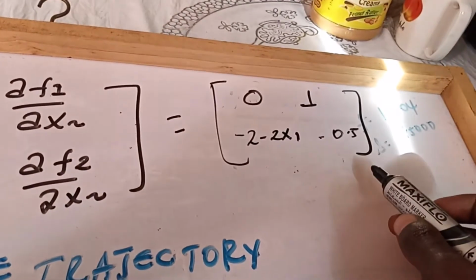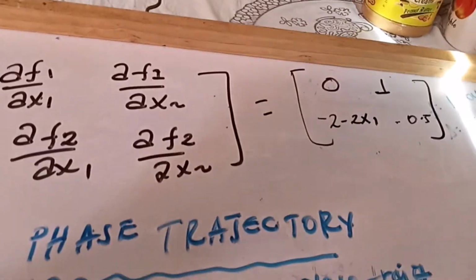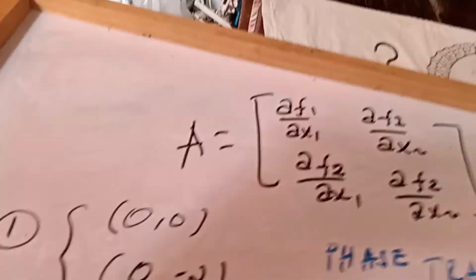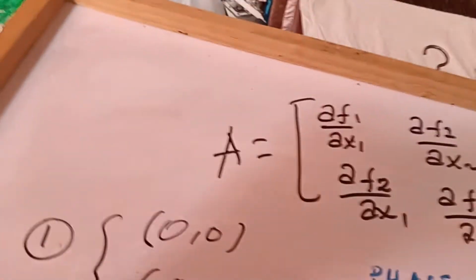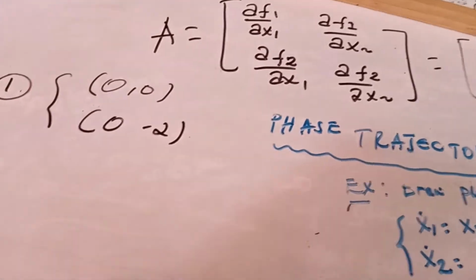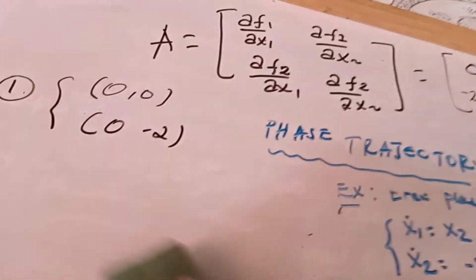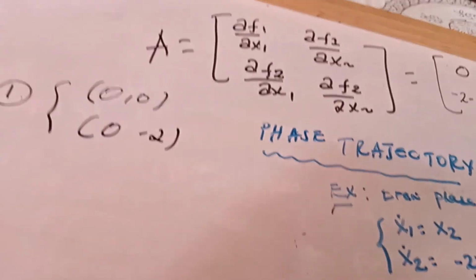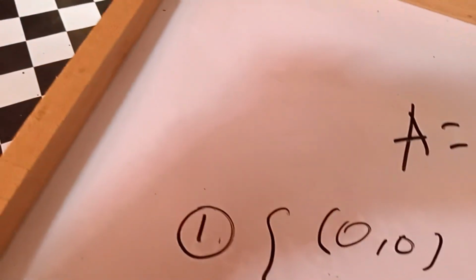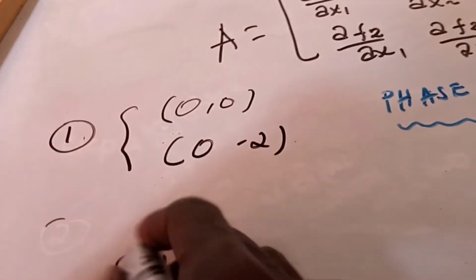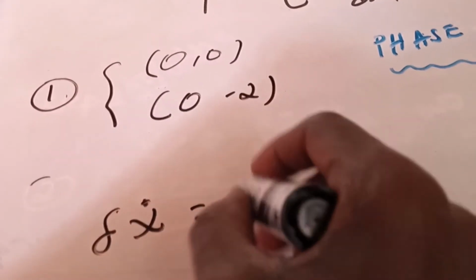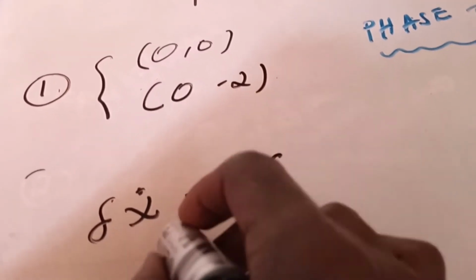So this is our A matrix. If that is so, our Jacobian is that, and then we have to compute the form delta x dot is equivalent to A delta x.